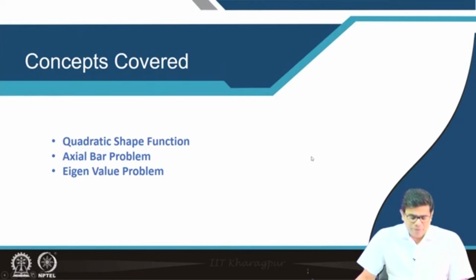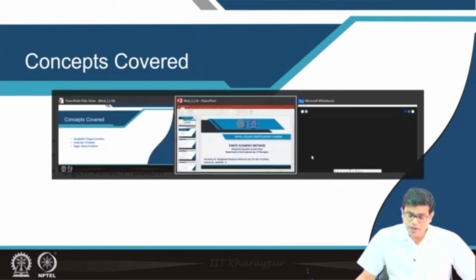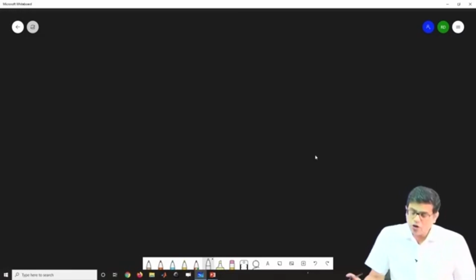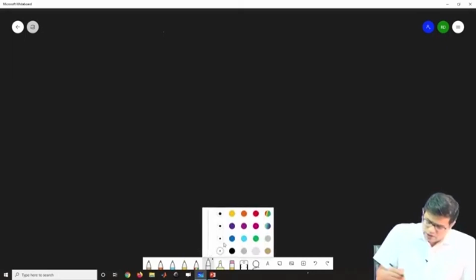So now to start with quadratic shape functions, we have already seen the linear shape functions or linear Lagrange polynomial. So what is the Lagrange polynomial? Lagrange polynomial is this that we have seen in the previous class.